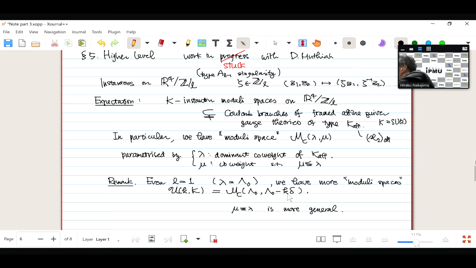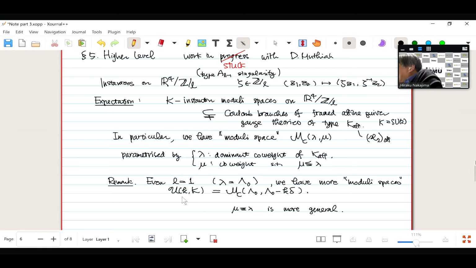So you can subtract a more general linear combination of roots, but k times delta is a very specific choice, right? Mu could be more general.